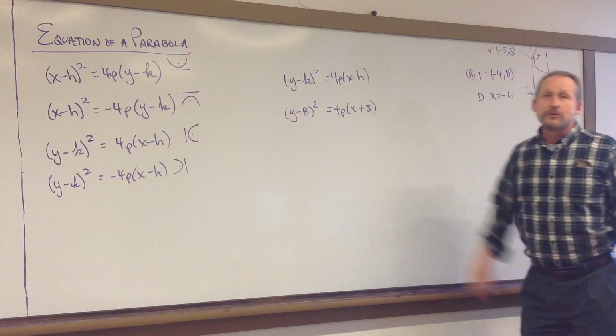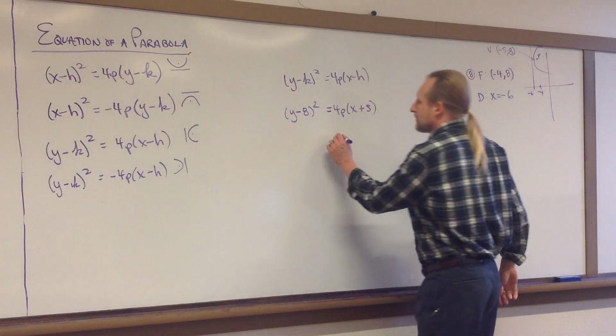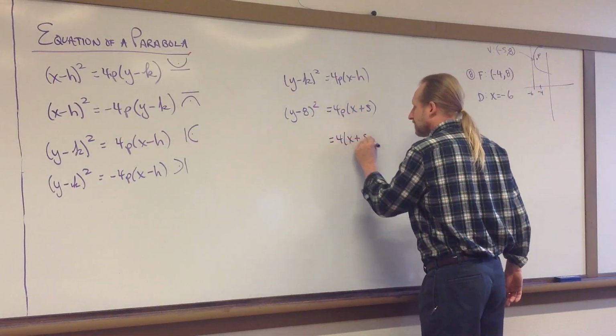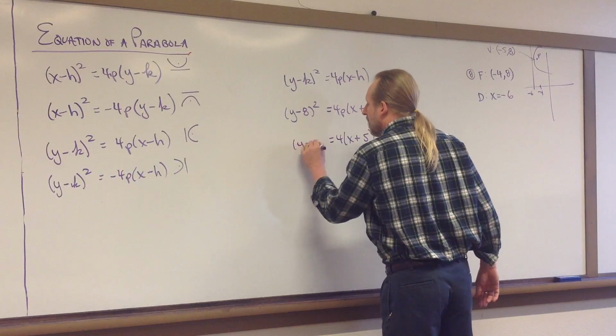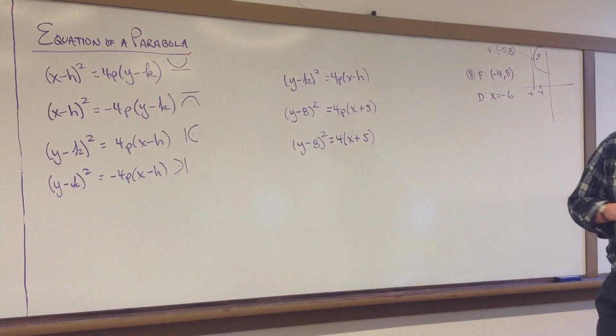And then the last thing we can do, what's the focal distance here? Just 1 on either side, right? So this is just going to be 4 times 1, x plus 5, y minus 8 all squared. There we go for number 8.